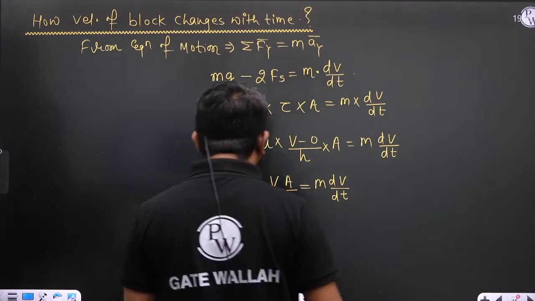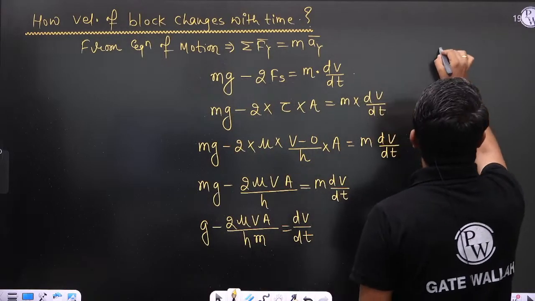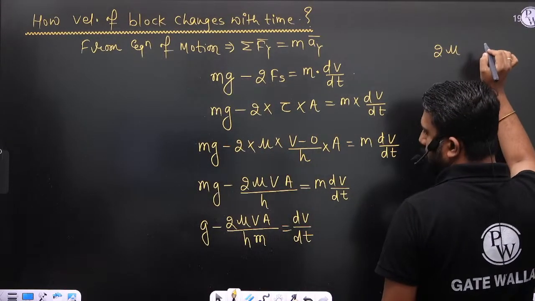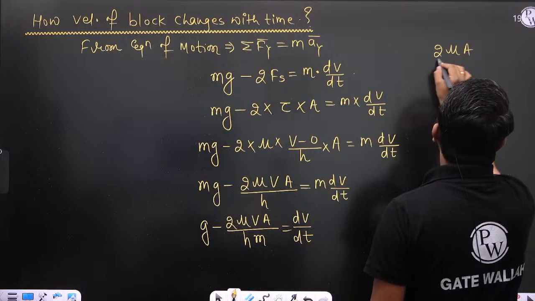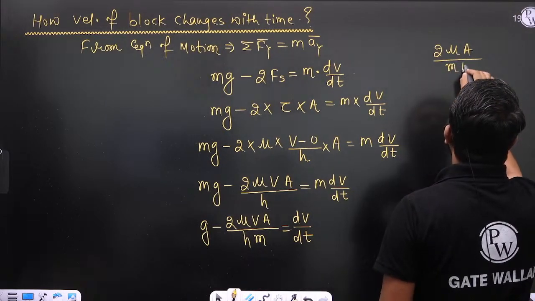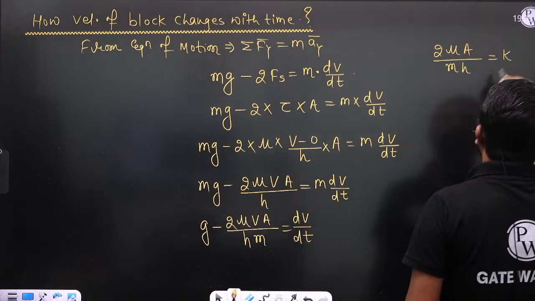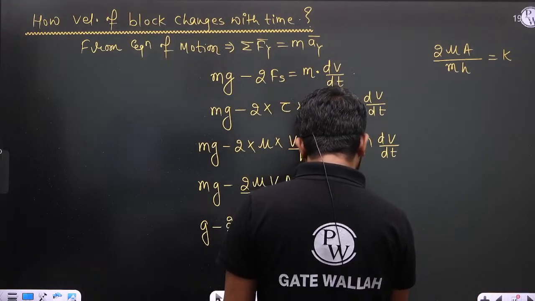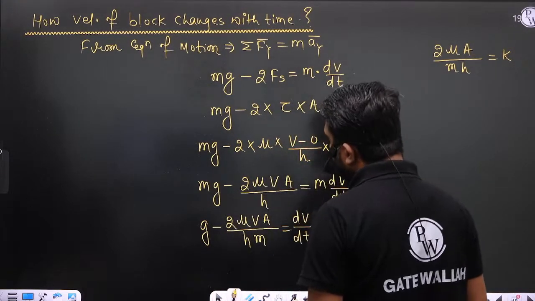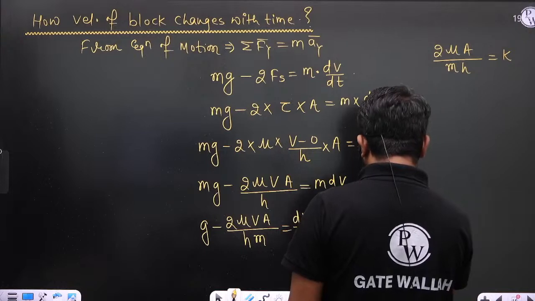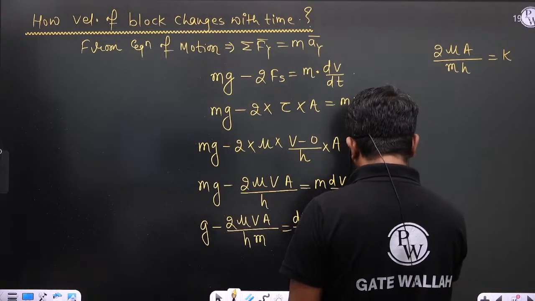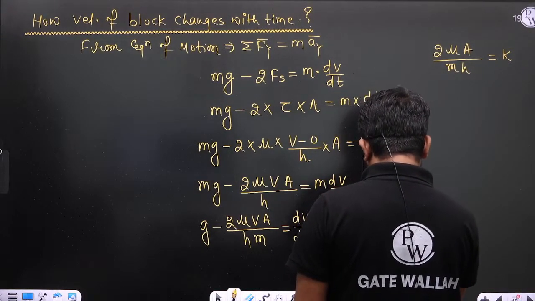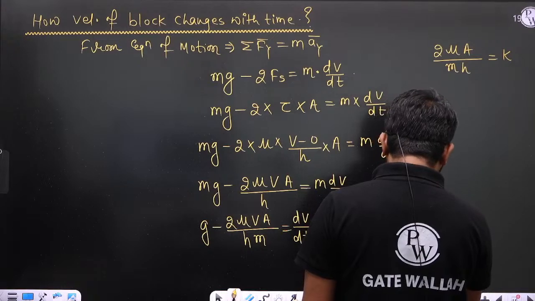Now take 2 mu A divided by m h as k. So simply we can write g minus k into v is equal to dv by dt.